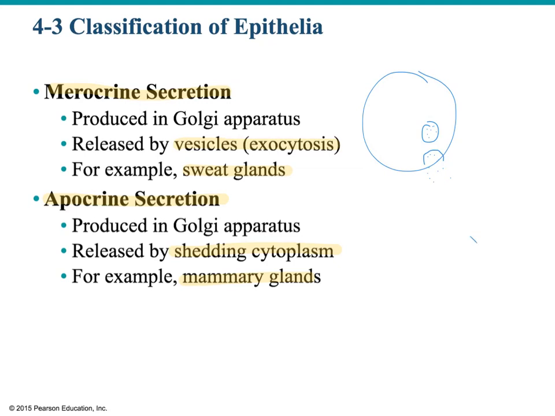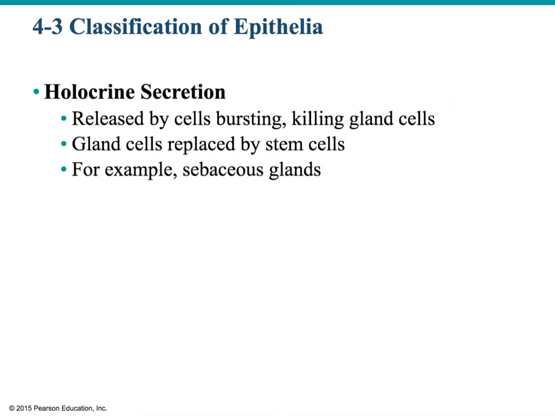The cell itself will release open, and the cytoplasm comes out, and that goes to the ducts and goes out for the milk to be released. So that's apocrine secretion.